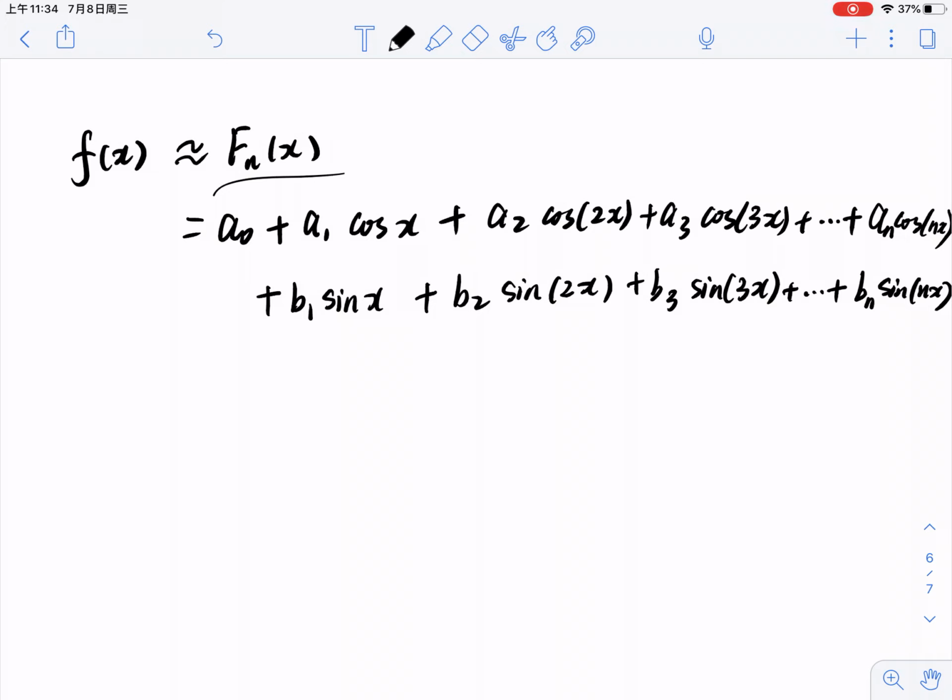Fn(x) is called the Fourier polynomial of degree n, even though it isn't actually a polynomial.